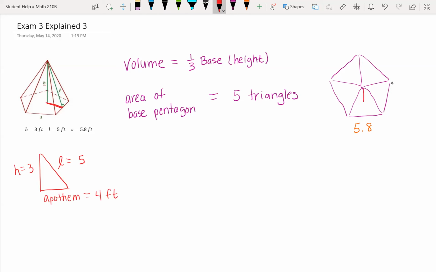And that helps me because that's this dimension here. This is 4. So each triangle there, I've got the base and I've got the height. So the area of the base pentagon is going to be 5 times 1/2. The base is 5.8 and the height is 4. So plug that into calculator. I'm getting 58 for the base of the pentagon.